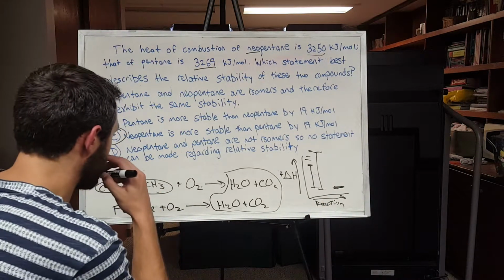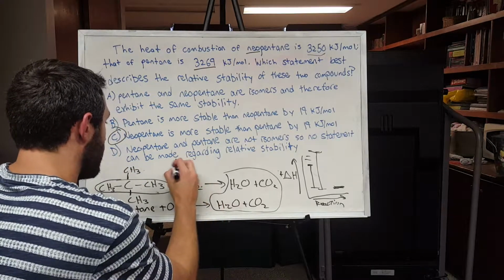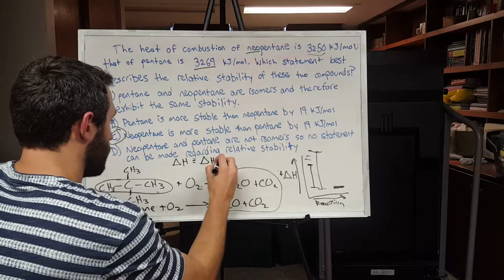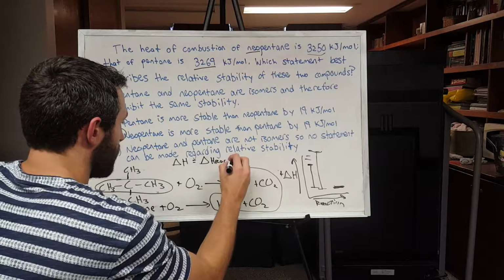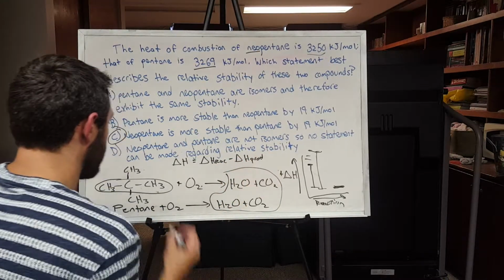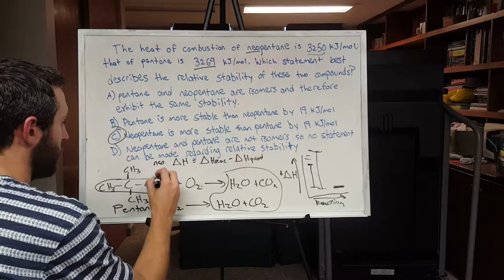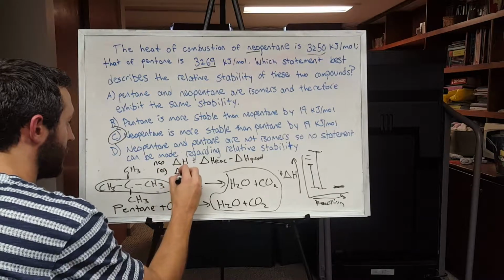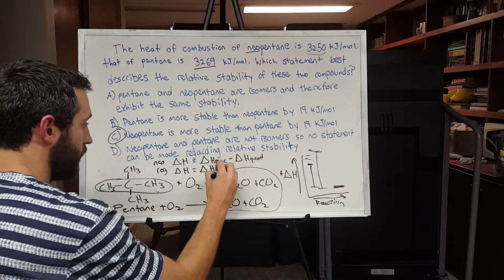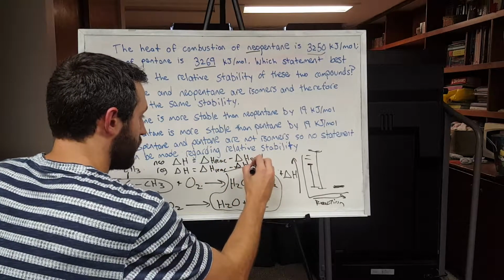So let's see, should I do this real quick? If delta H equals delta H reactants minus delta H products, and let's say this is for neo, and this is for regular pentane right here. Delta H equals delta H reactants minus delta H product.